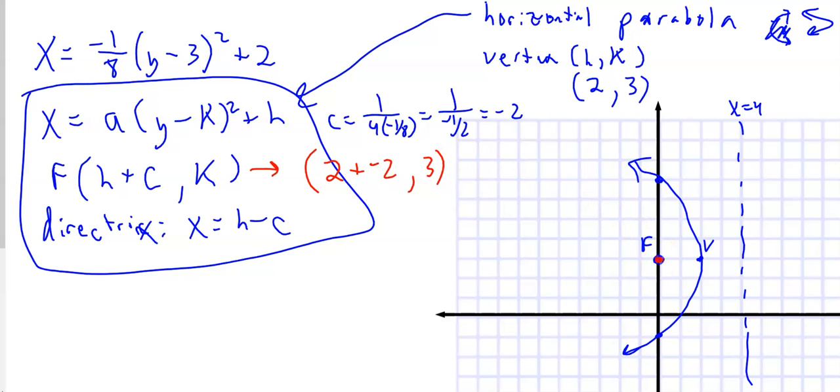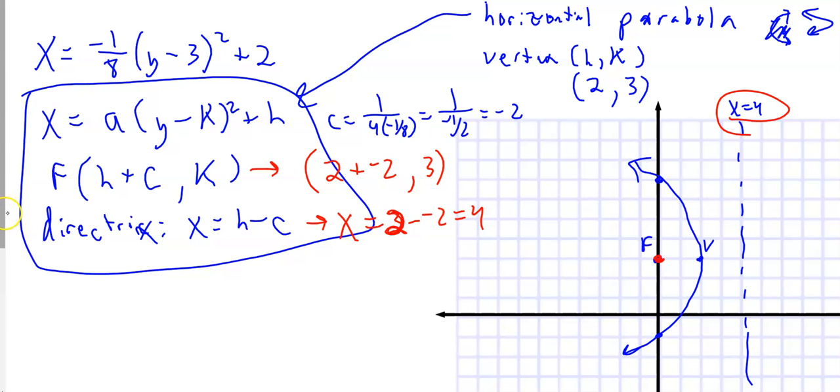That's my focus point. So it does work. Good. The directrix formula would be x equals h minus c. Oh, h is 2, not 3. 2 minus negative 2, which is 4. So x equals 4. It does work. If I plug in the right numbers, it definitely works.